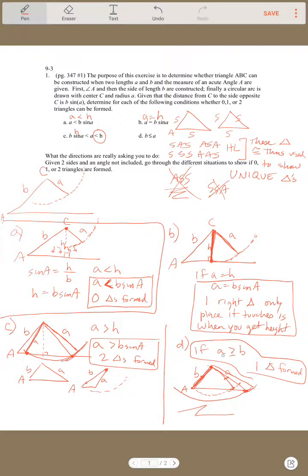And then if A is actually greater than or equal to B, you'll get the side length over on this side. You'll form that one triangle, maybe even an isosceles triangle. But if A is greater than B, it swings all the way over, and you're not going to be able to form a triangle. You just form this weird shape like that, like a Z. Okay? Alright, so let's go on to the next page.